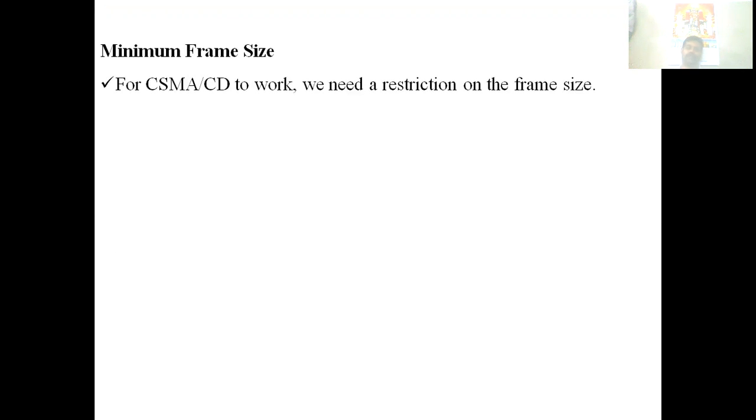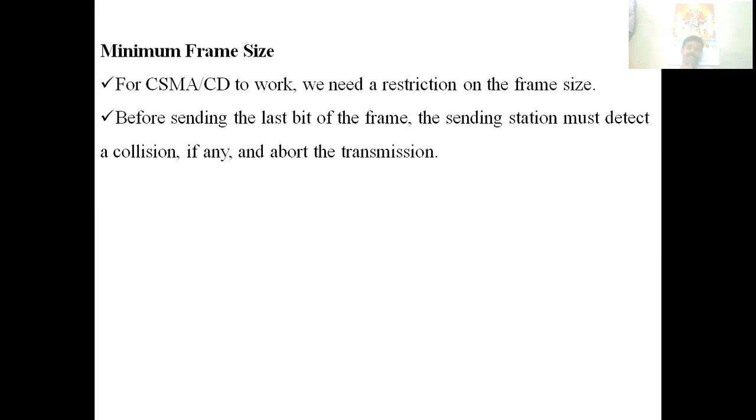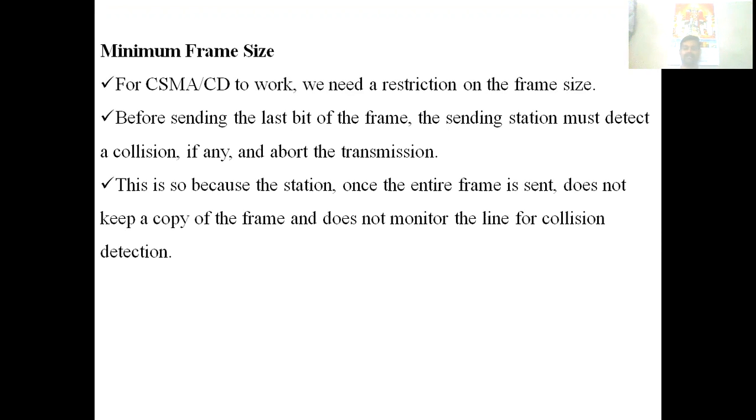Minimum frame size: for carrier sense multiple access with collision detection to work, we need a restriction on frame size. Before sending the last bit of the frame, the sending station must detect a collision, and if any, it must abort the transmission.